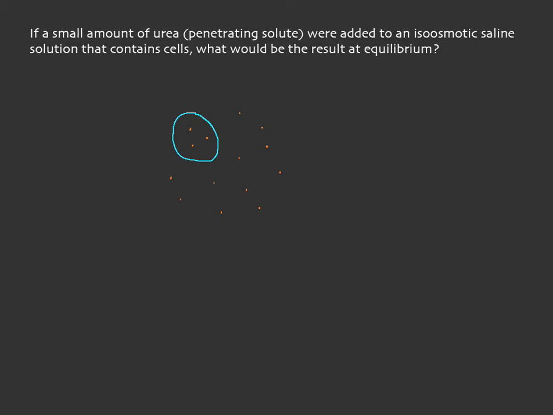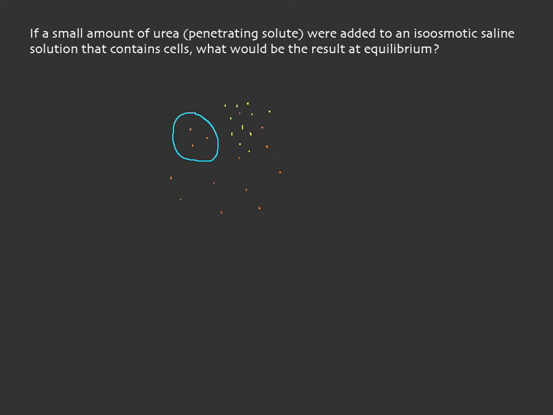Now, if we were adding in urea solute, that urea, let's use a yellow, is a penetrating solute. So that's something that we need to consider when solving this problem. So let's say we add in this small amount of urea, and then let's think what would happen right after we add that.